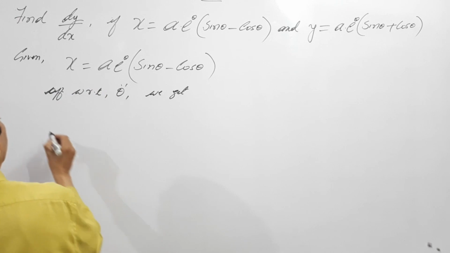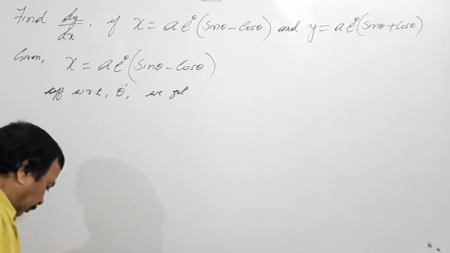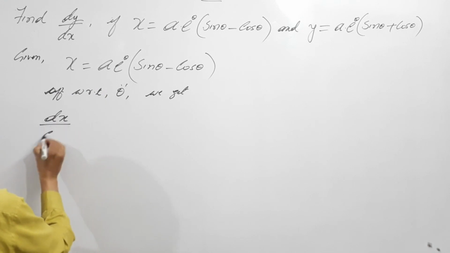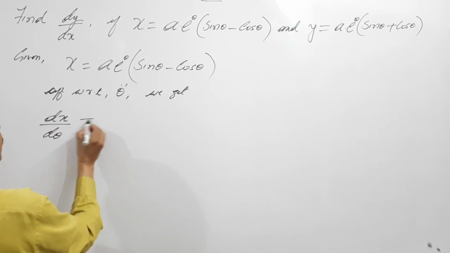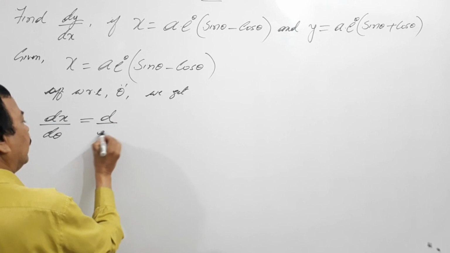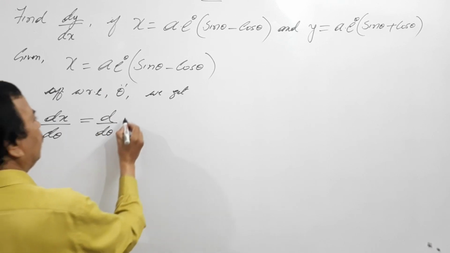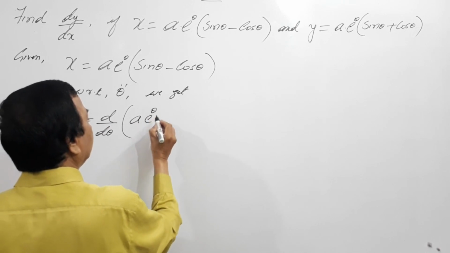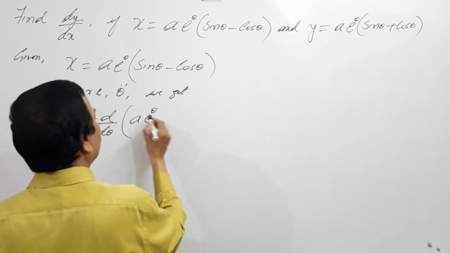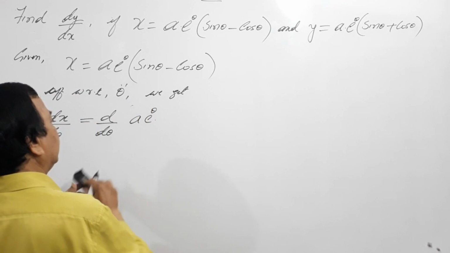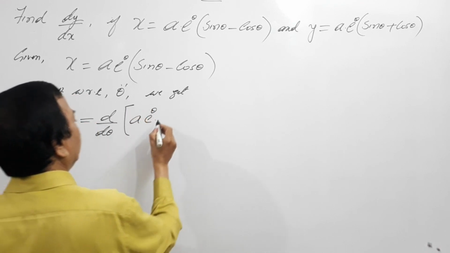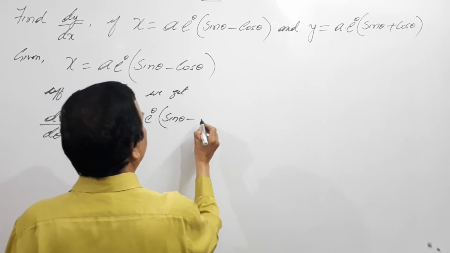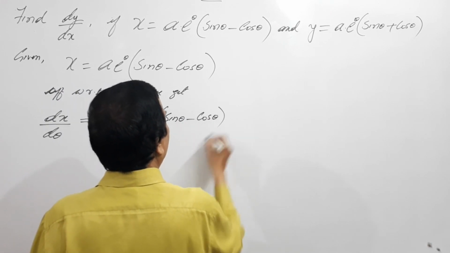We get what? dx by d theta equals d by d theta of a into e to the power of theta, in a square bracket, into sin theta minus cos theta.